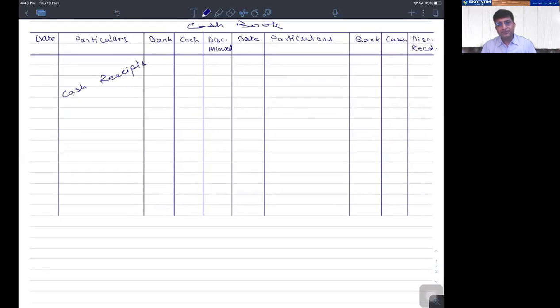So all the cash receipts, bank deposits, because bank is the receiver of benefit if I'm depositing a particular money or a check into the bank, and discounts allowed will be recorded on the debit side of the cash book. Whereas on the credit side of the cash book, I'm going to record what? Cash payments.